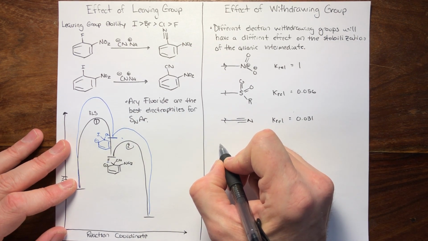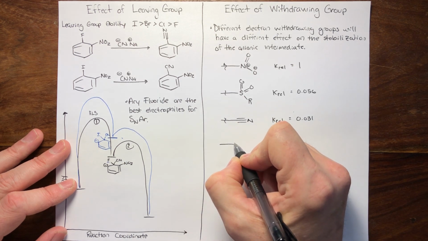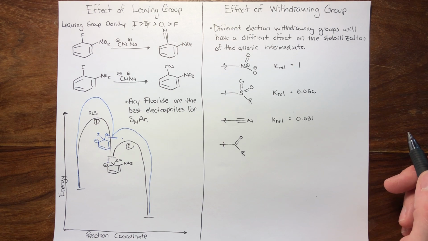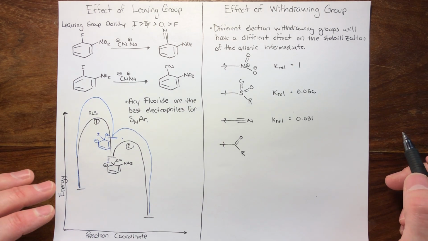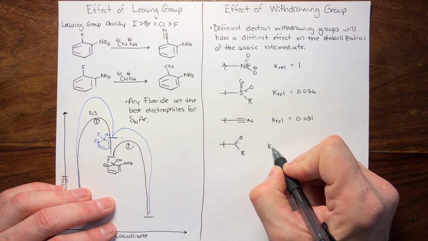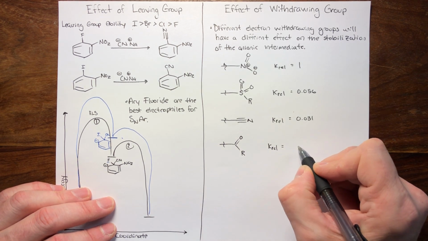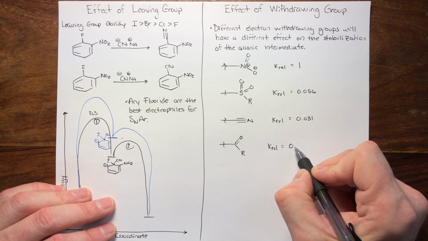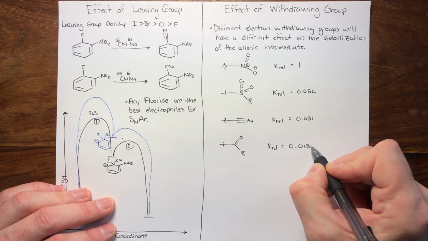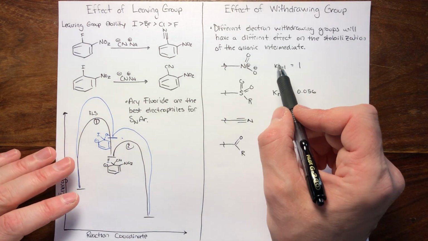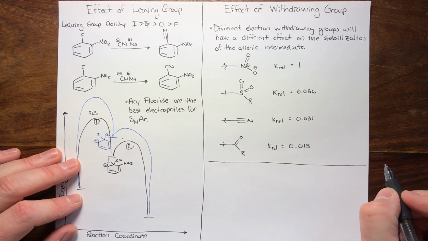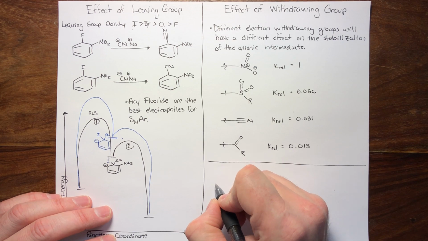And then finally, a very common electron withdrawing group, and one that we looked at when we investigated conjugate addition, is the carbonyl electron withdrawing group. Carbonyls are effective electron withdrawing groups, not quite as effective as the others. And so these reactions would occur approximately 80 times slower than a benzene ring with a nitro group on it. Let's take a look at a couple of really simple examples.